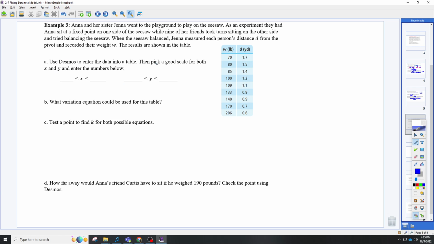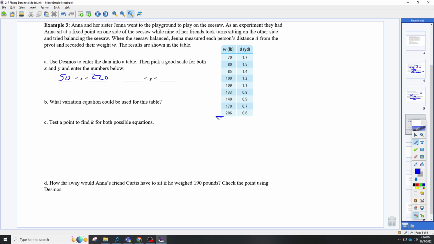We're going to use Desmos to do that, and then we're going to pick a good scale for both x and y. So let's first fill in the scale before I put it in the table. I'm going to change the scale to, we're going from 70 pounds, which is the lightest, all the way up to 206. So let's maybe do it from 50 pounds to 220.